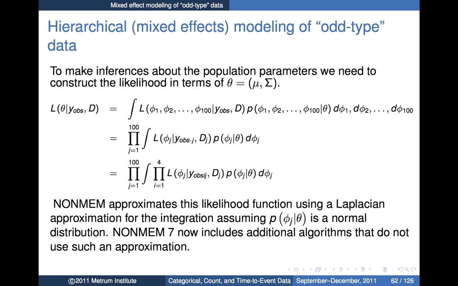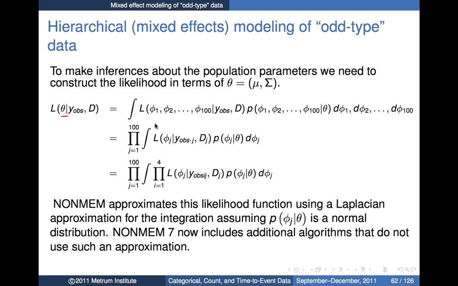So that's the first part of it, is just combining individuals. But then the other side of this is, in many cases, we want our primary inferences not to be about those phis, those individual values. We want them to be about the population values, which we're calling theta. Okay.